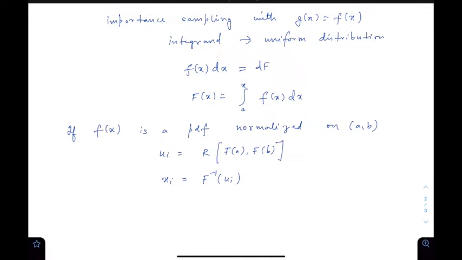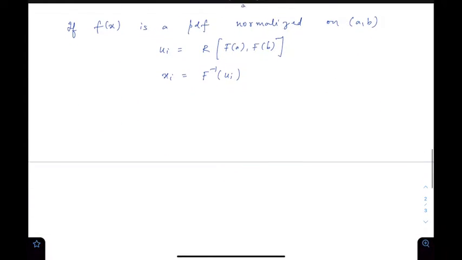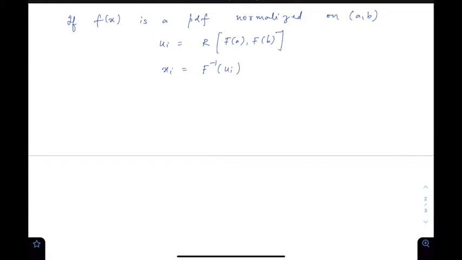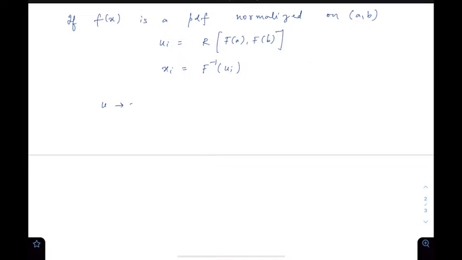To see this, we recall the results on changing variables. So for a transformation u to x given by some v of u with inverse transformation u equals w of x, the PDF for x is given by the PDF for u times the Jacobian.